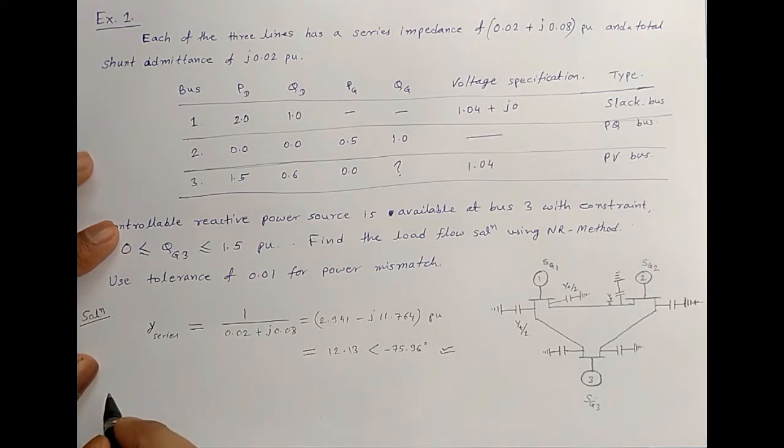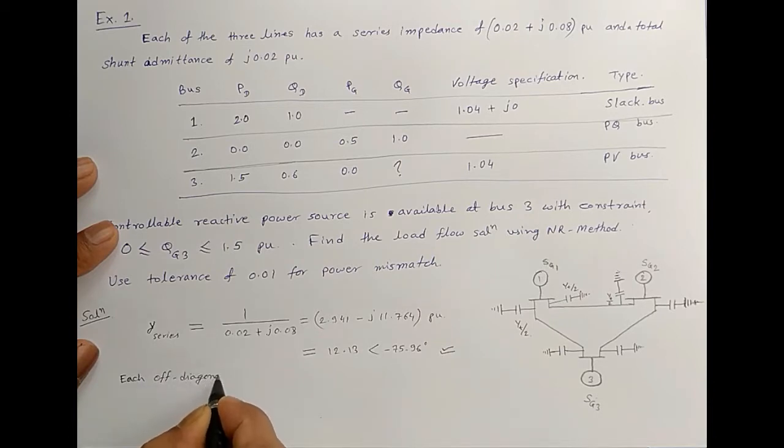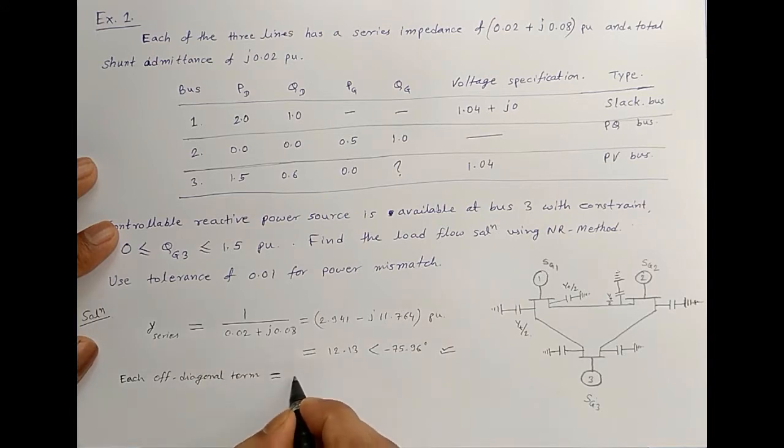Now, each of the off-diagonal terms will be minus of the series admittance of that line.